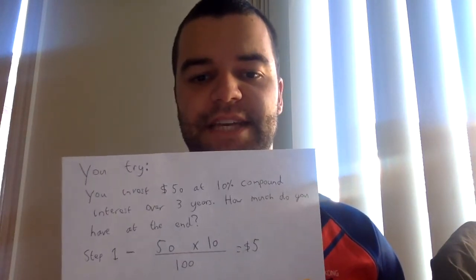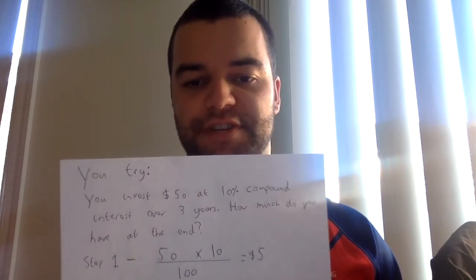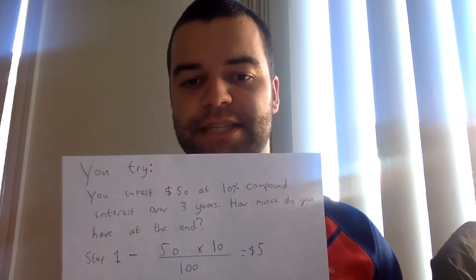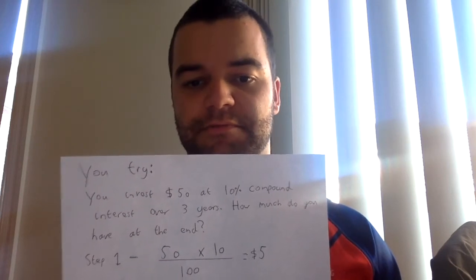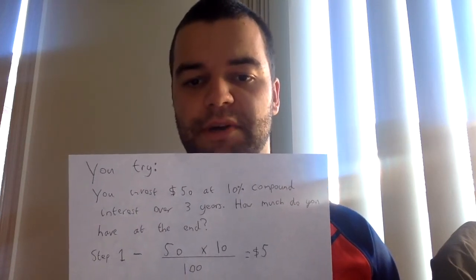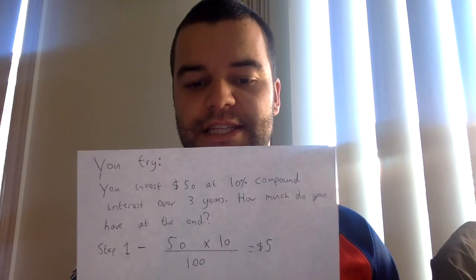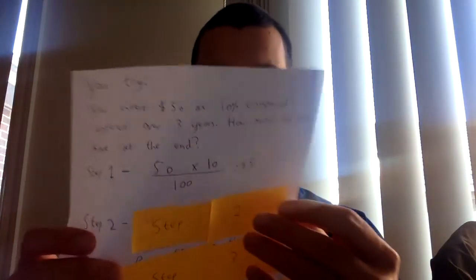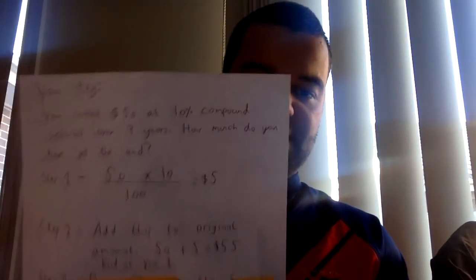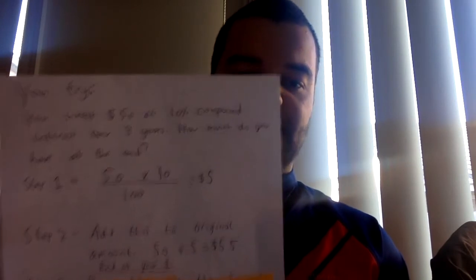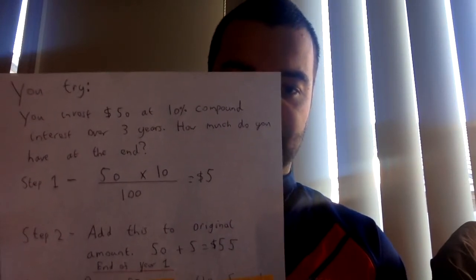So for step 1, you wanted to do the 50 times 10 divide by 100, okay? So it was a 10% interest rate, $50 principal, so 50 times 10 divide by 100, giving $5. For step 2, we add that to the original amount. So 50 plus 5 gives us $55. So that's how much we have at the end of year 1, okay?